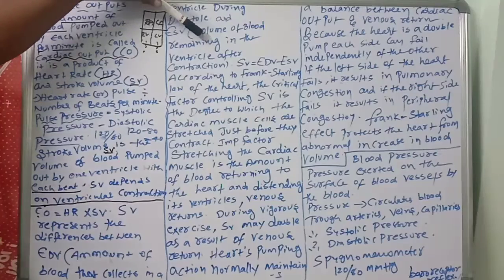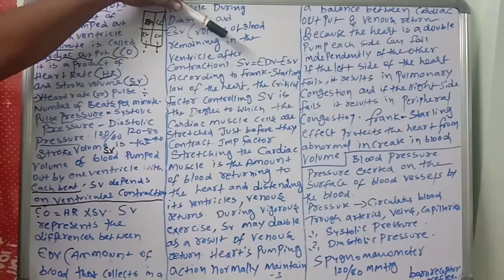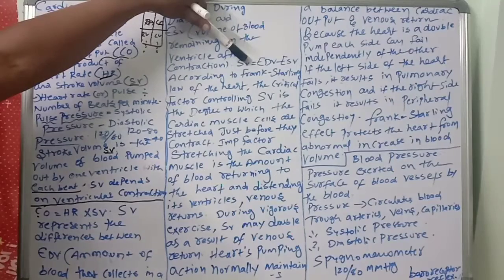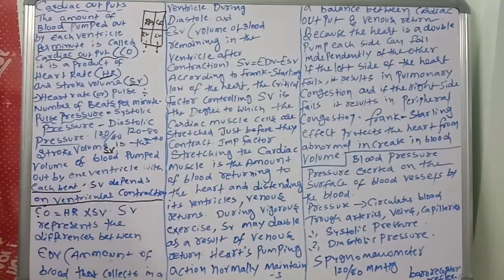And ESV? It is the volume of blood remaining in the ventricle after contraction. These two points you should remember. SV is equal to EDV minus ESV. So that is the stroke volume.